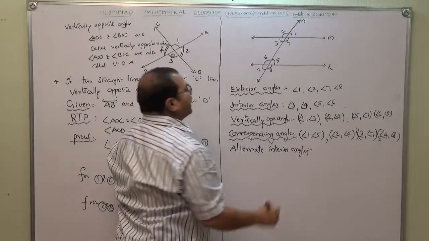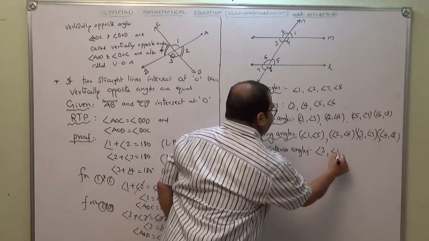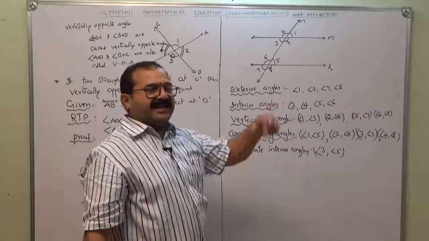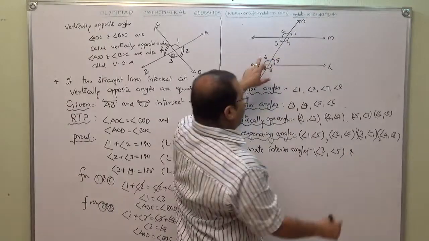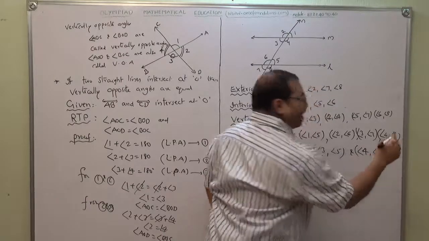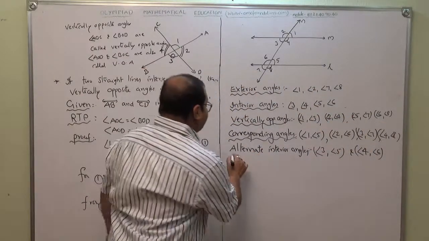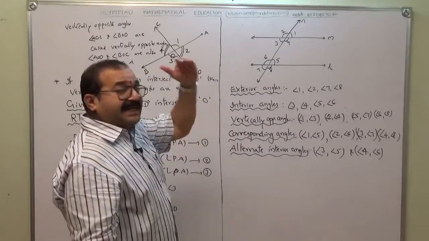What are alternate interior angles? Angle 3, angle 5 are alternate interior angles, and angle 4, angle 6 are alternate interior angles.